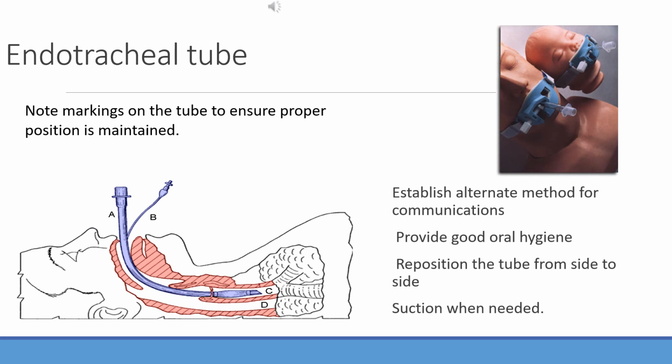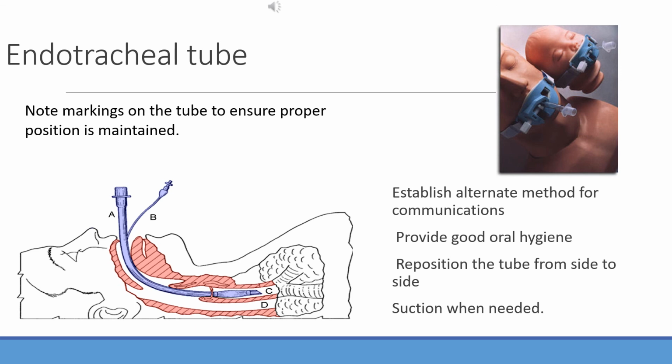Placement of an endotracheal tube is a fast and easy way to establish an airway and many times is performed on an emergency basis. Advanced practice nurses and nurse anesthetists can intubate, but different states have different guidelines for others who can also intubate. It's passed through the epiglottis and the glottis, so the client is unable to speak while the tube is in place.